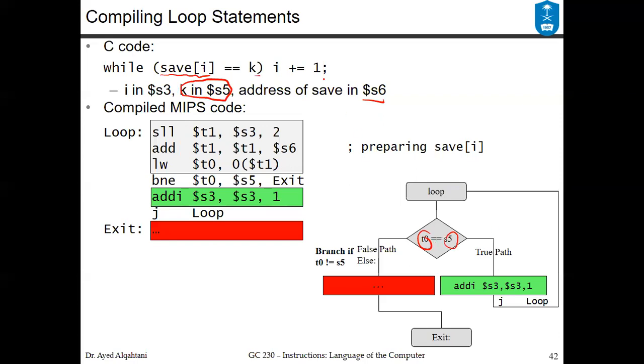If it is true, then you do this one, which is increasing I that is in S3 by 1. So we add immediate S3 with 1, and we get the result and put it again in S3. And then we jump back to the loop. If this is not satisfied, you do the wrong path. It's important. Since this is an equal sign, the equal relation between the two, then we are branching if the opposite happened, when they are not equal.